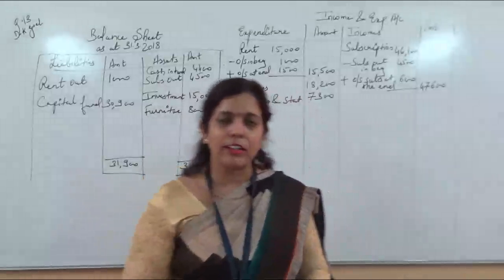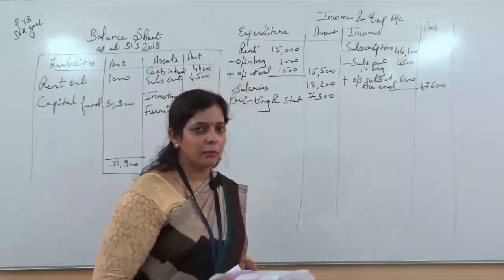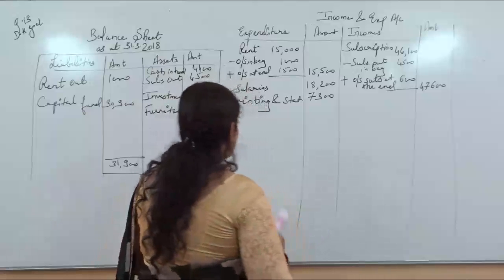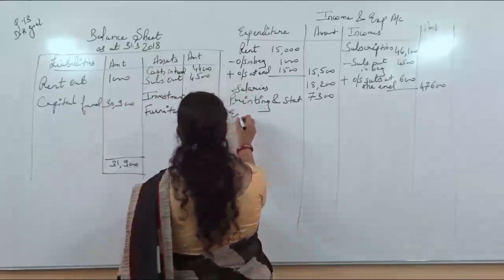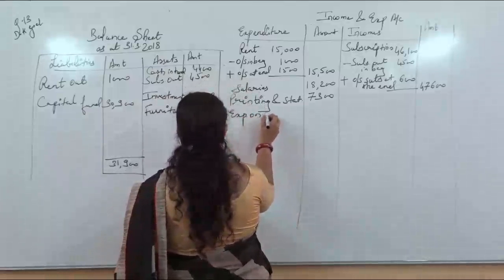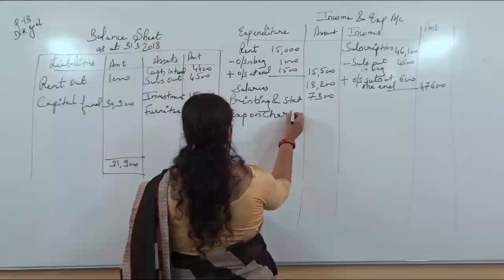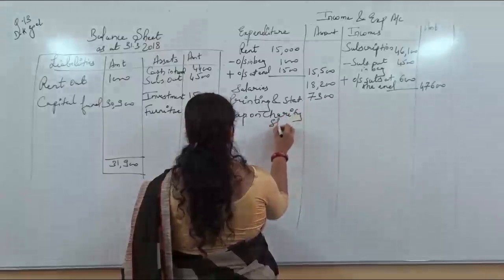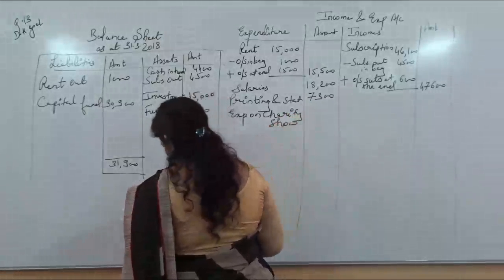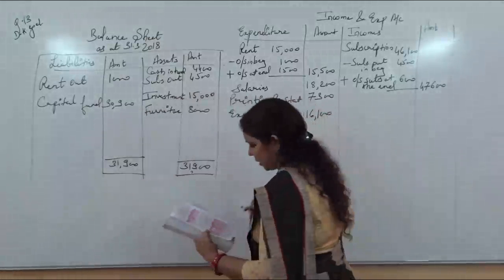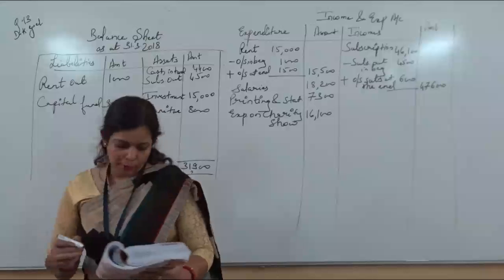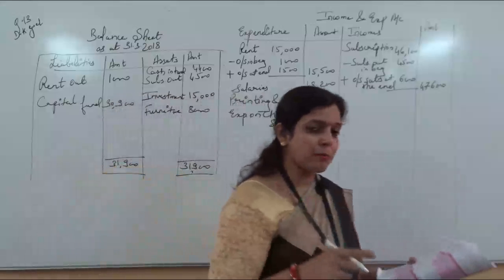No. That's why we will treat it as a nominal item and take it here only, in the income and expenditure. Expenses on charity show. How much is it? 16,100.